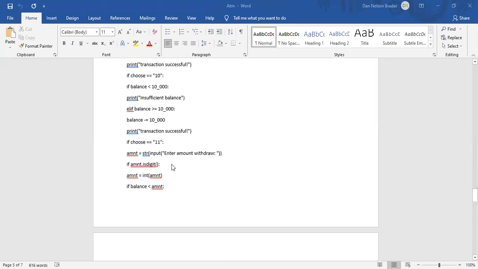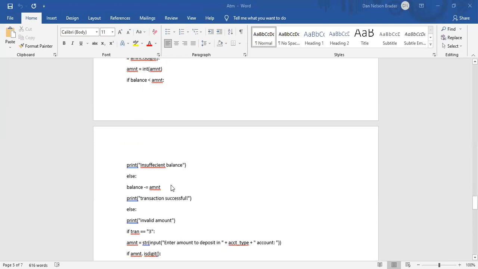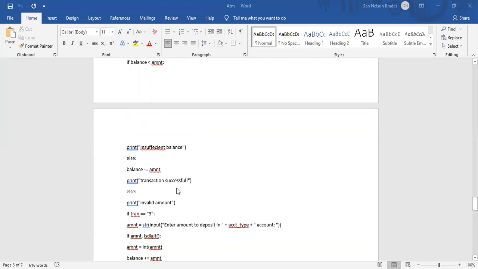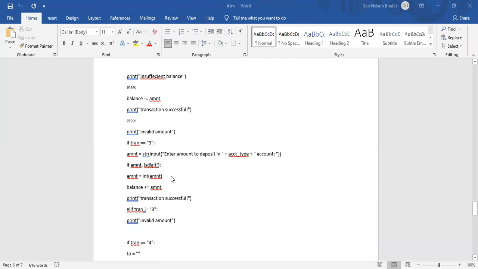If the chosen is assigned to 11, amount is string input: enter amount to withdraw. If amount is digit inputted, then amount is integer amount. If balance is less than the amount, then print insufficient balance. Else, balance is decreased by the amount, then print transaction successful. Else, print invalid amount.